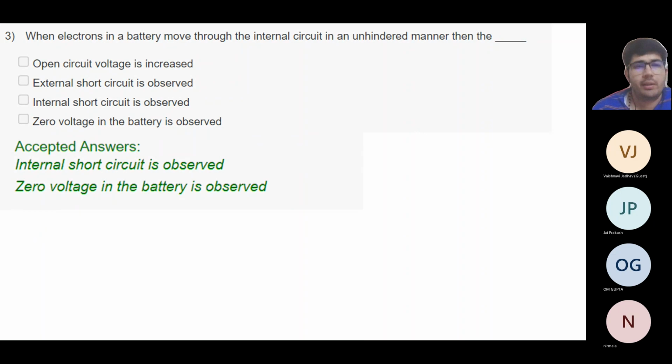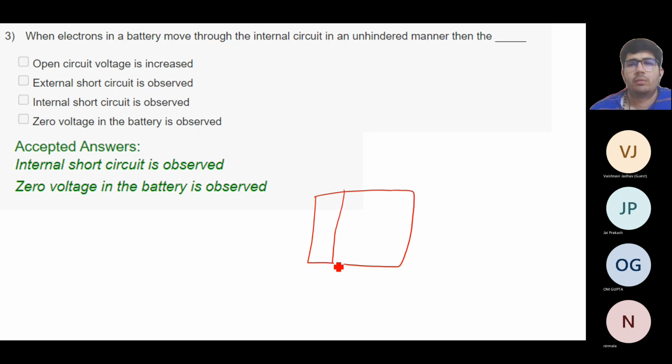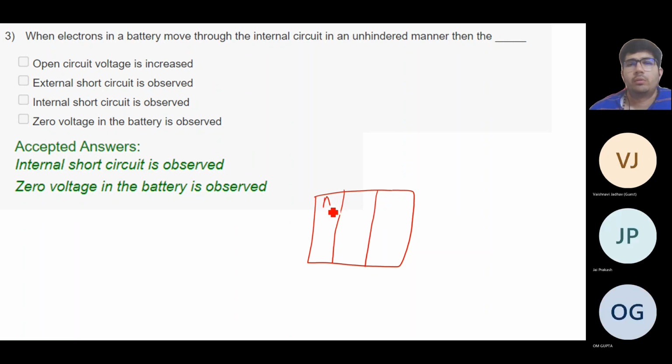The answers are internal short circuit is observed and zero voltage in the battery is observed, because as we know, suppose this is your cell, this is anode, cathode and electrolyte. So there is an external circuit.